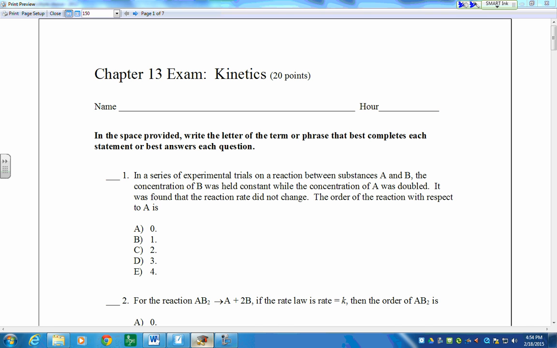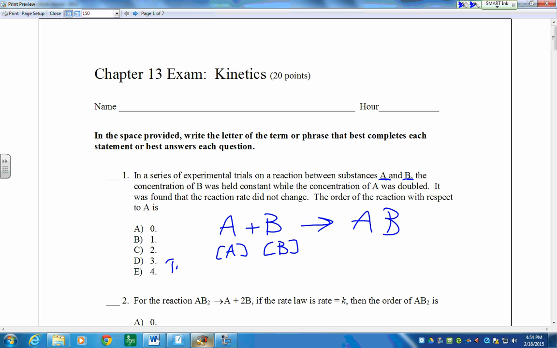There is a series of experimental trials on substances A and B. So A and B are the reactants, and they're making something. Let's just say AB. Then it says the concentration of B between the trials. So you've got the concentration of A, the concentration of B, trial 1 and trial 2.